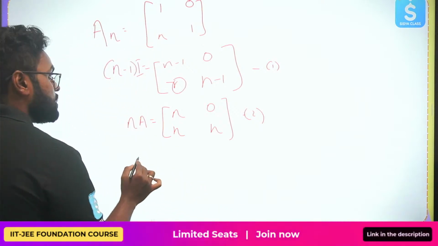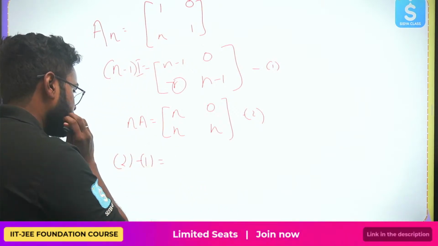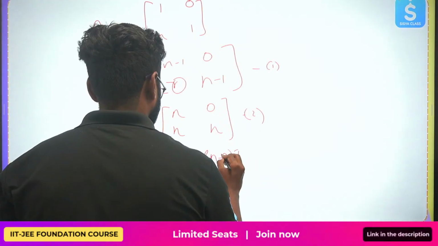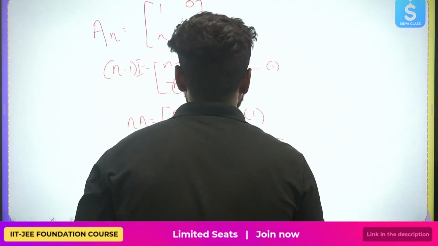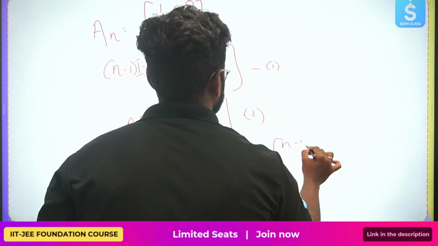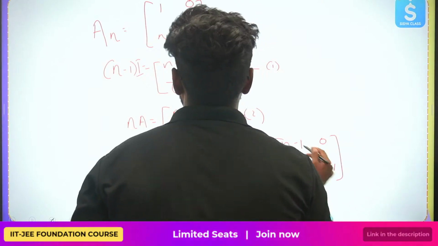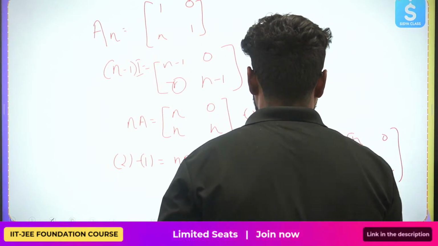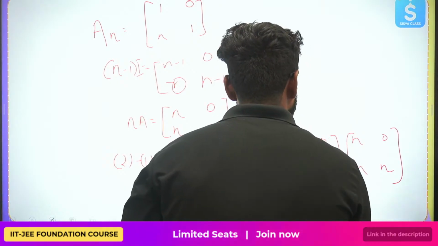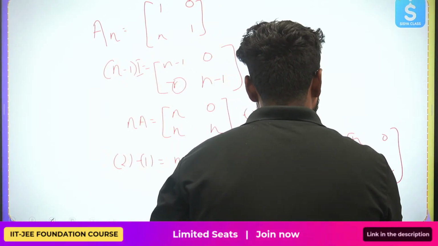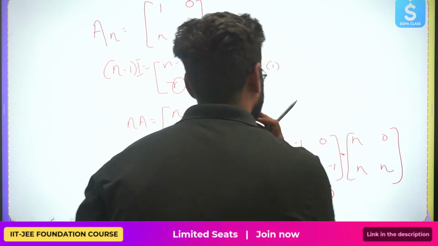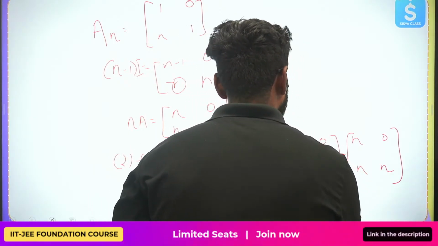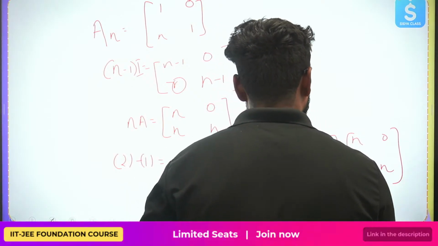If I subtract both of them, 2 minus 1, I will be getting nA minus n minus 1 into I. Subtracting the terms directly, n minus 1, 0, 0, n minus 1, and n, 0, n, n. Subtracting, I'll be getting n minus 1 minus n, which is minus 1, and in the others minus 1 as well.